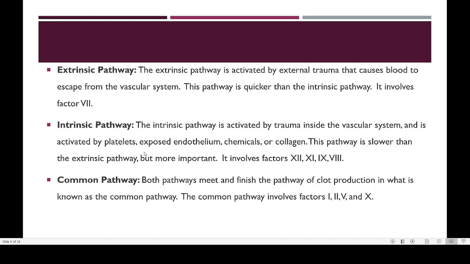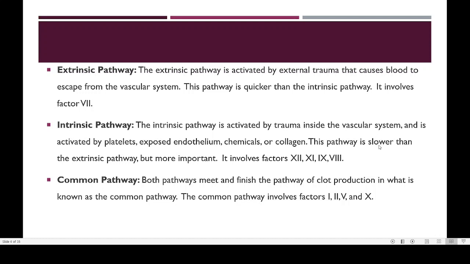It is also activated by platelets, exposed endothelium, which means the inner lining of your artery or vein, or the presence of some chemicals or collagen itself. So these all will be triggering the second pathway, the intrinsic pathway.